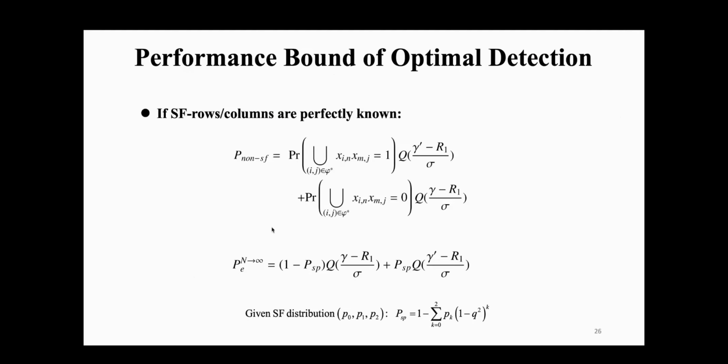In the following, we give a BER lower bound for the optimal data detection and then provide some numerical results. The BER lower bound is derived under the assumption that the SF rows and columns are perfectly known.